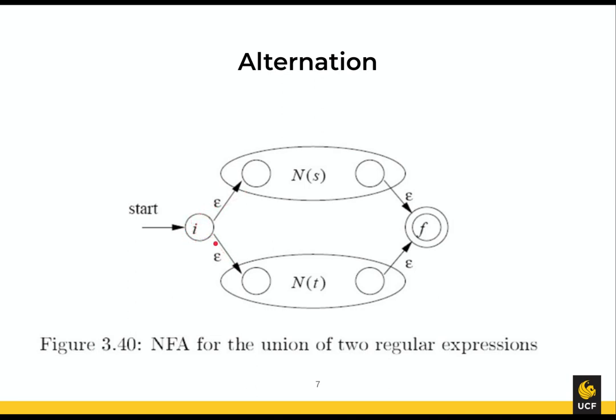Because if we didn't use these epsilon transitions, we'd have to incorporate the beginning of NS and NT into our transitions from the initial state. It would depend on whatever the subexpressions are. So if this first one is itself an alternation, you would end up with many exit branches from here. And if these two subexpressions happen to use the same inputs, it'd still be non-deterministic. We still have non-deterministic choices.